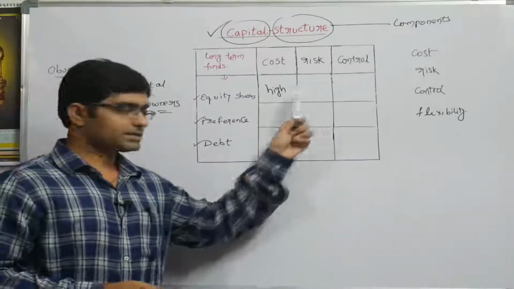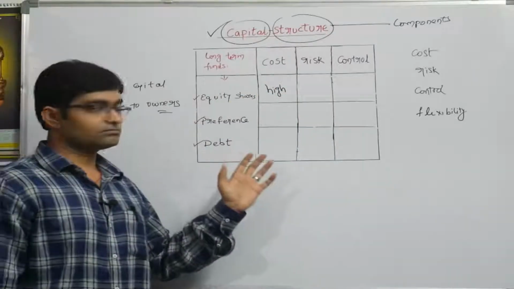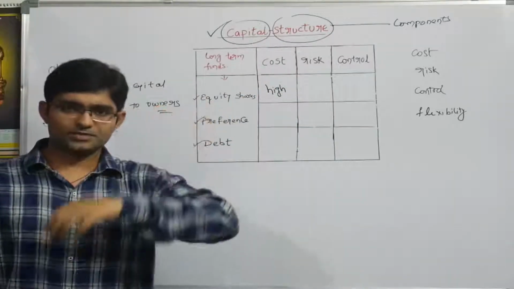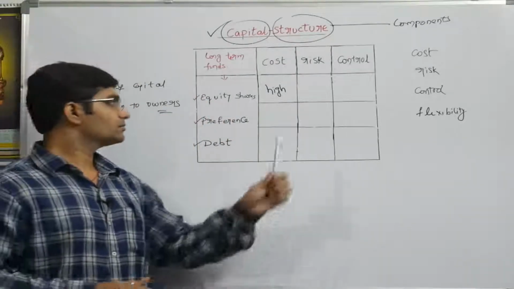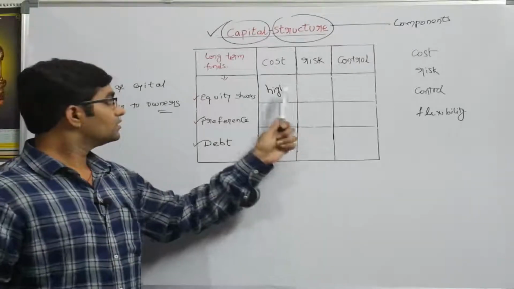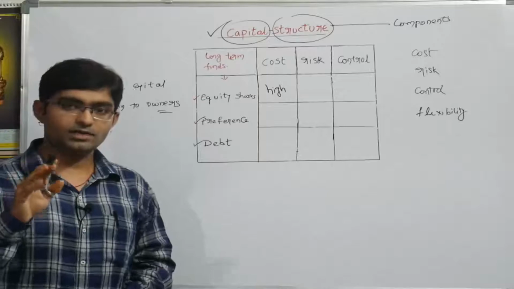Now what about risk? Here the risk, we are looking from the company's side, company's perspective, not from the equity shareholders' perspective. So here the equity shareholders are taking the risk. So for the company the risk is low.